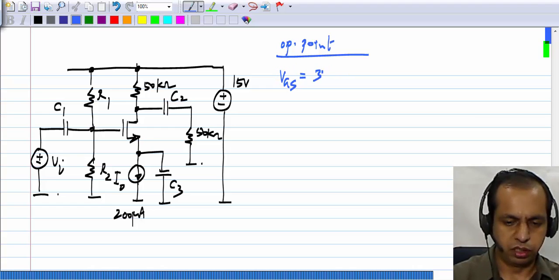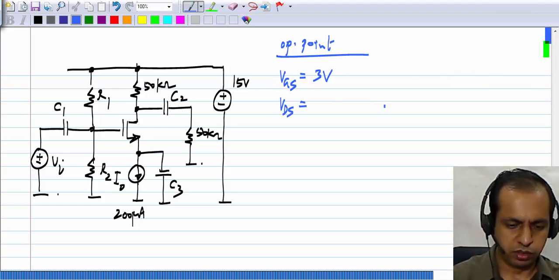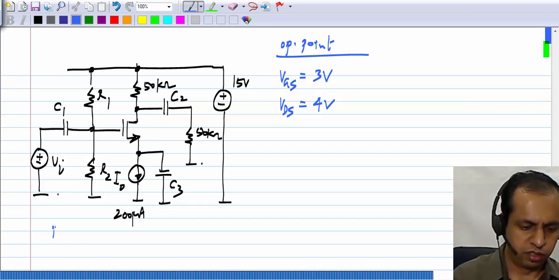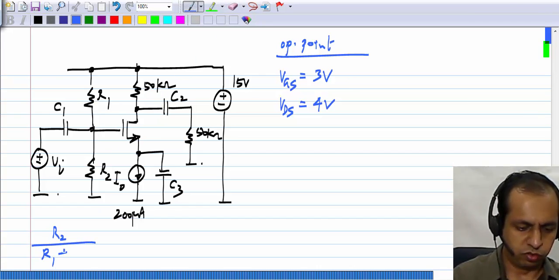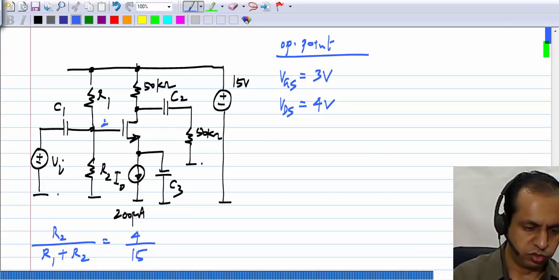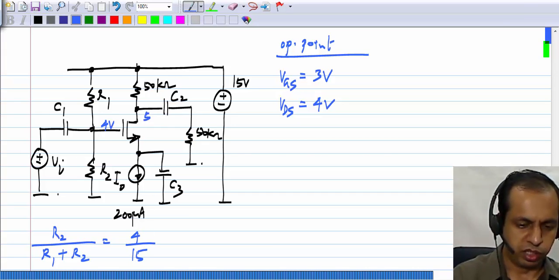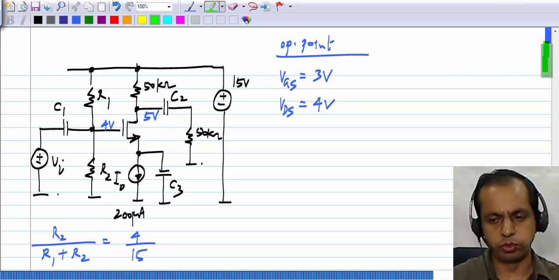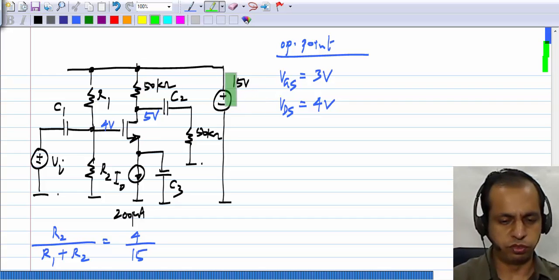VGS will be 3 volts, VDS will be 4 volts, because this node here, I'll assume that R2 by R1 plus R2 is 4 by 15. So this will be at 4 volts. This will be at 5 volts because this 200 microamperes flows through 50 kilo ohms to give a drop of 10 volts. So 15 minus 10 is 5 volts over here.